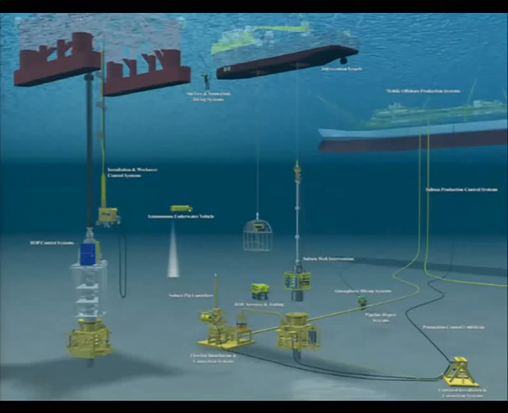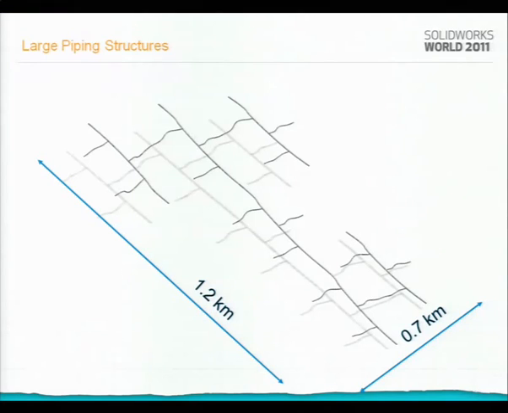Let's go to the oil and gas application. We are going to see some pipes, some real customer cases that they are working on. We have a different structure in oil and gas.